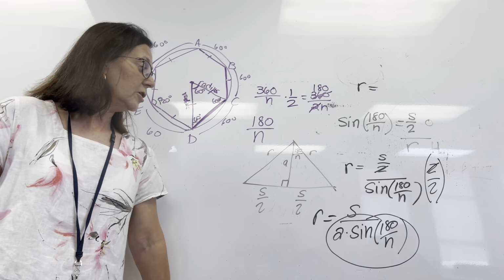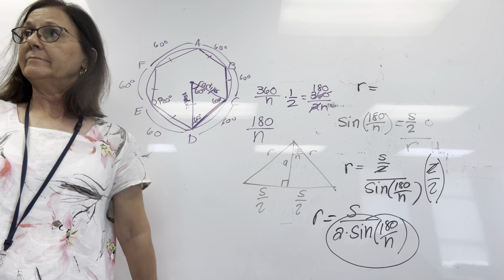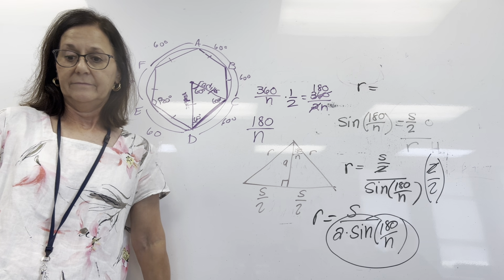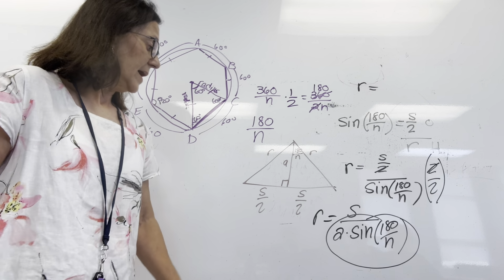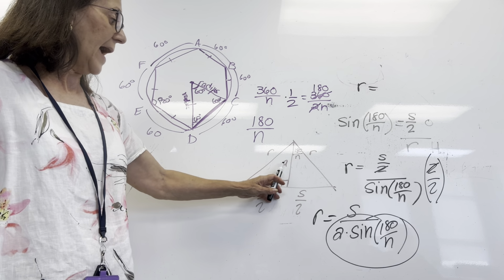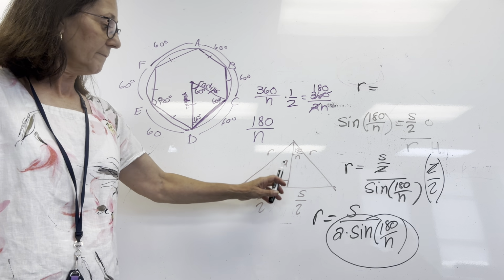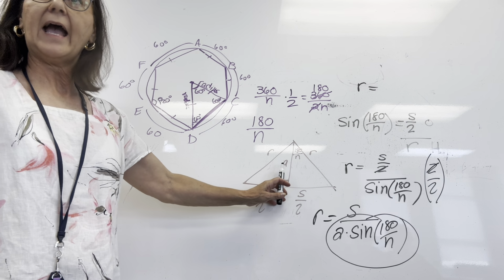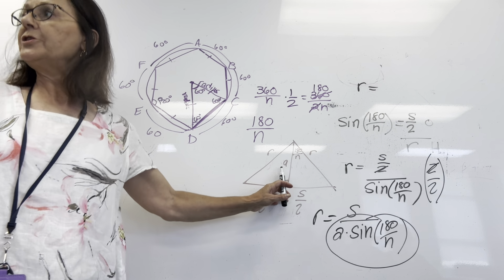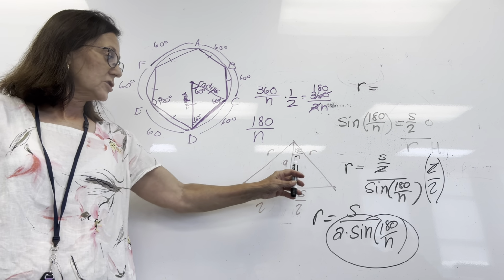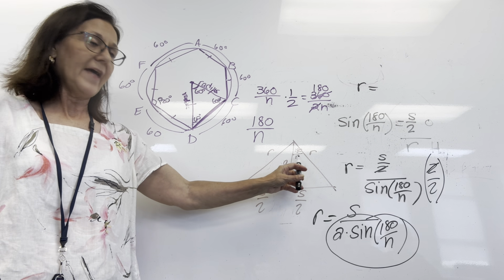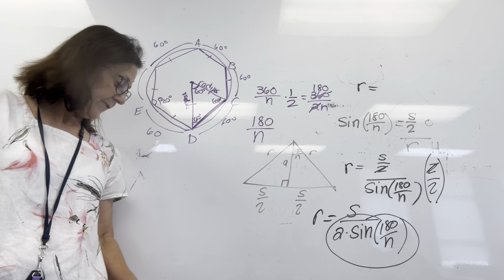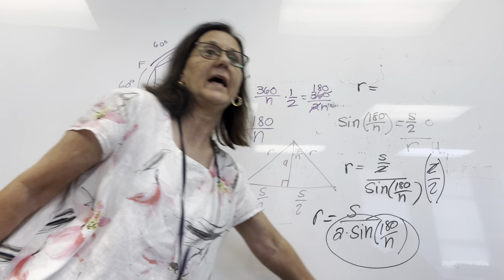Now, could I solve for the apothem using the same thing? I could. Now, if I want to solve for the apothem by using the side, half of the side and the apothem, what trig ratio would I use? If I want to solve for the apothem using that angle, side over 2, and the apothem, what trig ratio would that be?